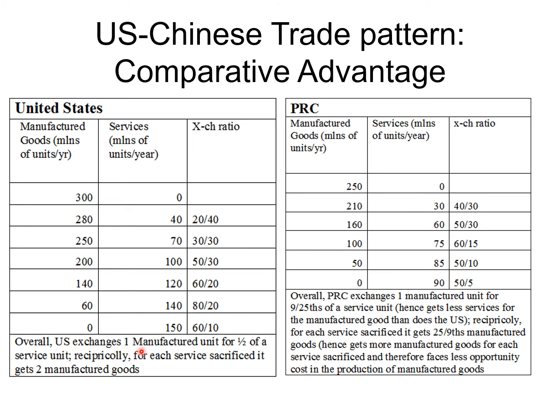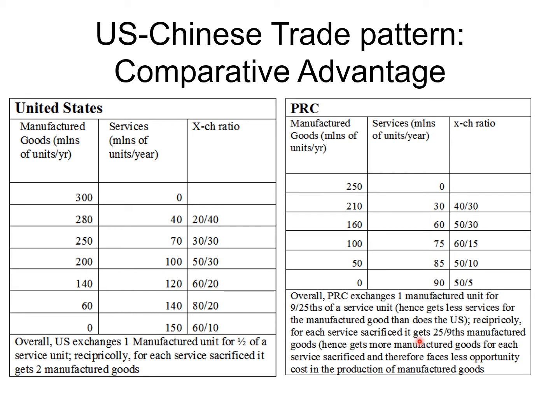The U.S. exchanges one manufactured unit for 1/2 of a service, okay? Why? Because if they sacrifice all 300 manufactured goods, they get 150 services. Okay, so for every 2 manufactured goods, they get 1 service. So 1 manufactured unit gives you 1/2 a unit of services. Reciprocally, for each service sacrificed, gets 2 manufactured goods.